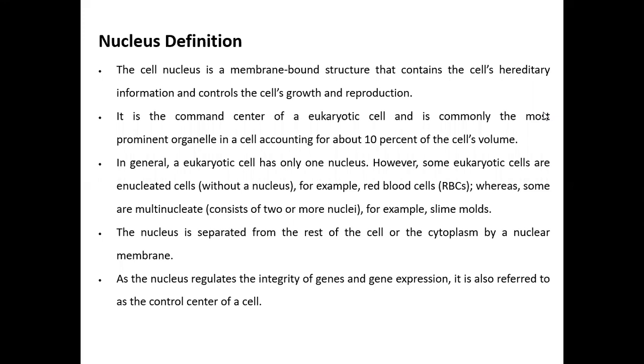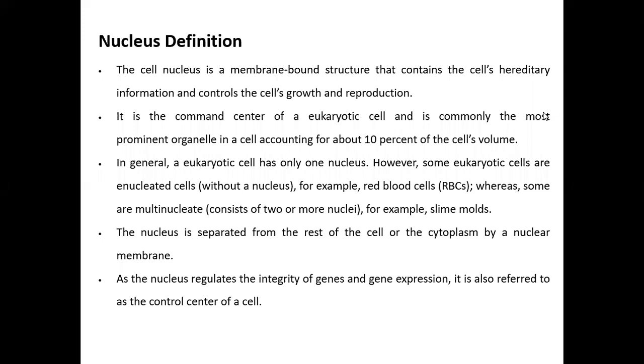Prokaryotes lack a nuclear membrane, so you cannot differentiate a nucleus there, as the nuclear membrane is absent. In prokaryotes, you can see dispersed DNA. In general, a eukaryotic cell has only one nucleus.